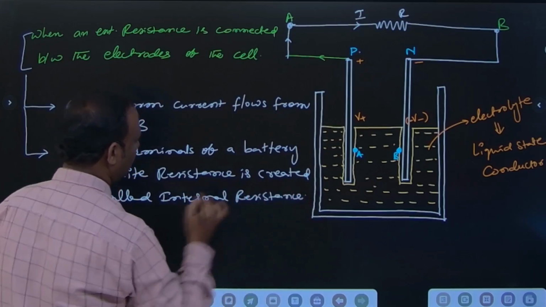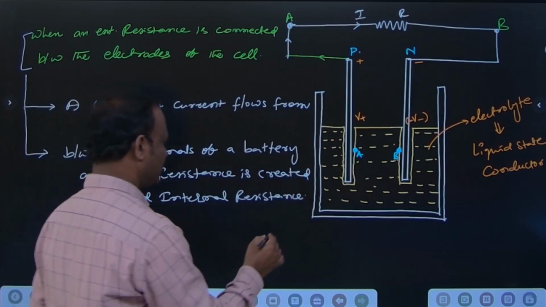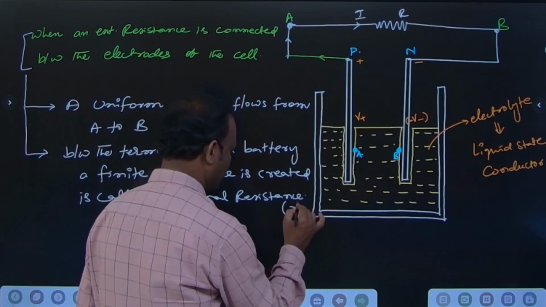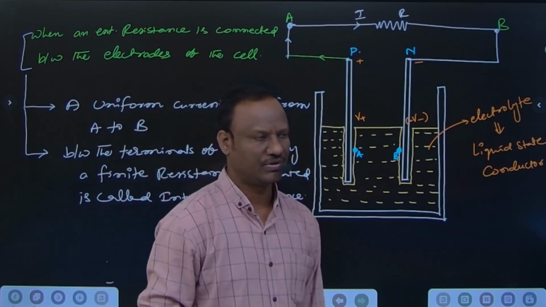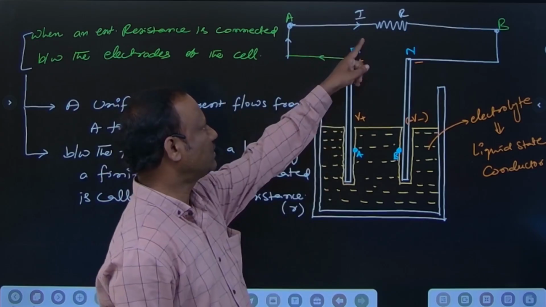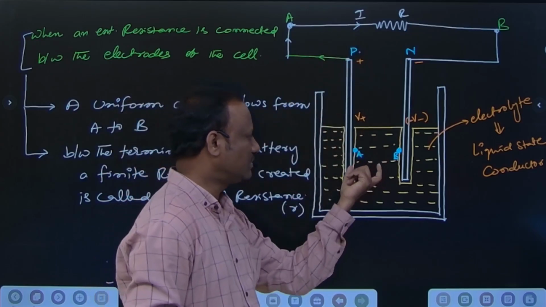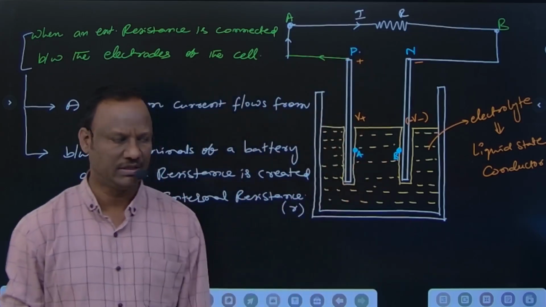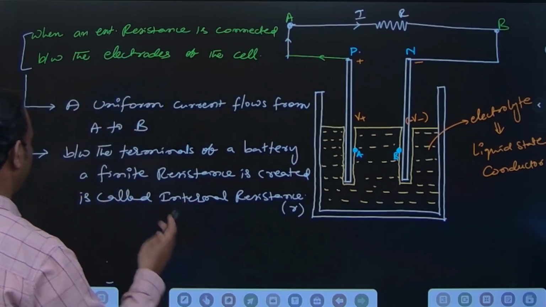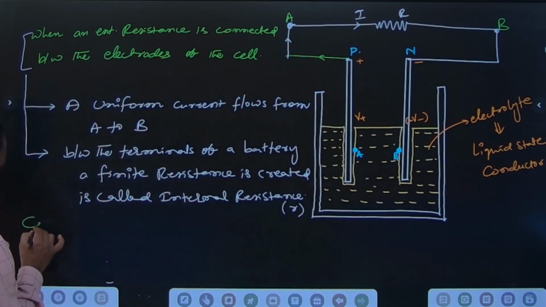Earlier we already discussed internal resistance and EMF a little. EMF means that when the circuit is open, the potential difference between the electrodes is called EMF.